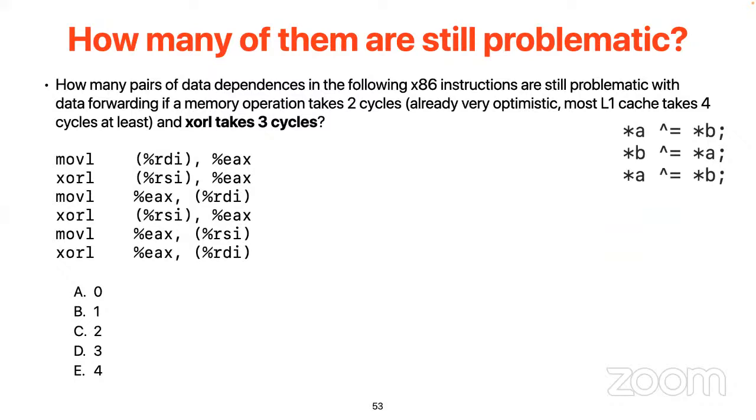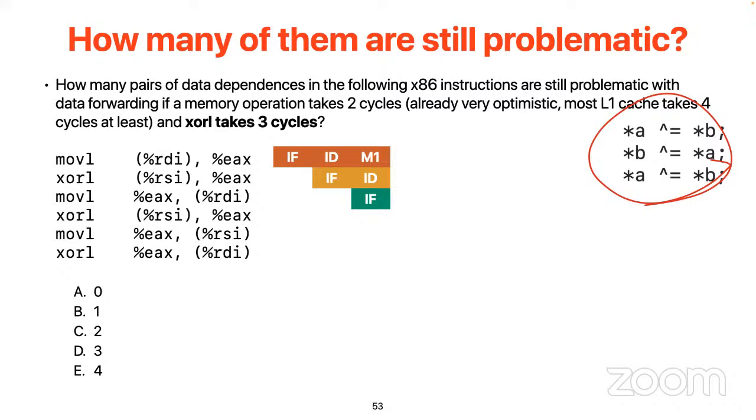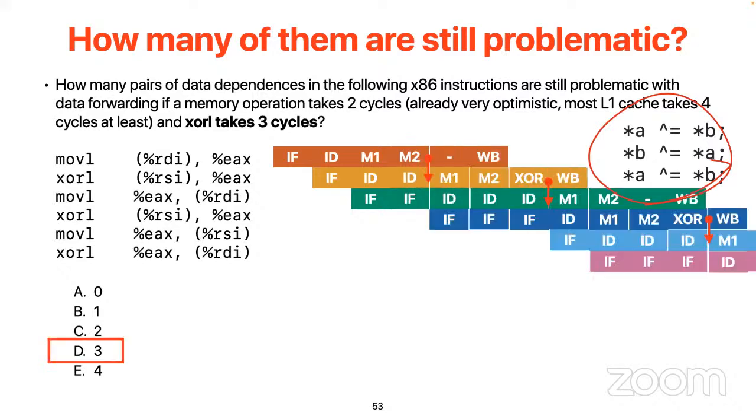However, for the fancier version of the swap, as the exclusive OR takes longer to generate the result, and the memory also generates the result for a later instruction back to back, it turns out there are 3 places, or say 3 pairs of instructions, that still cause the data hazard to occur. At this time, when we want a result, it's not ready, so we have to stall one cycle.